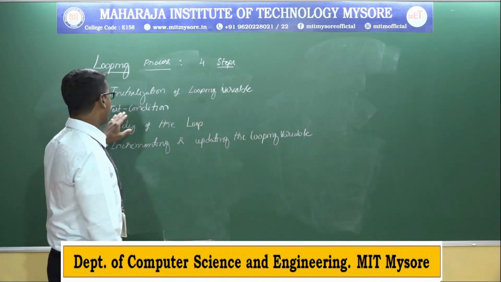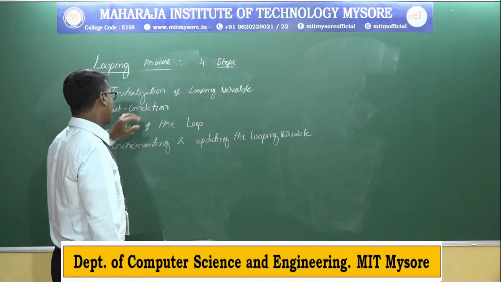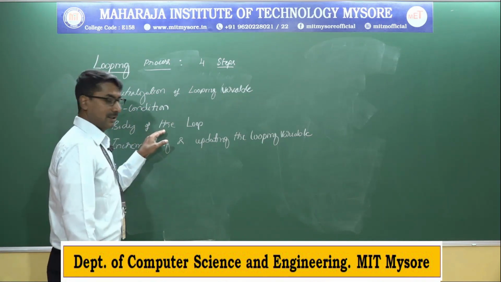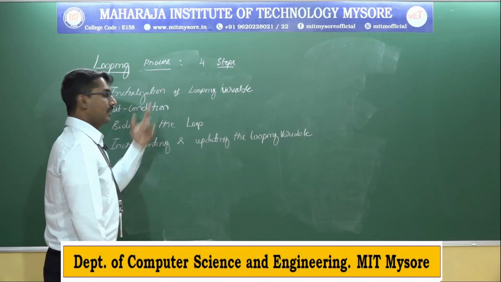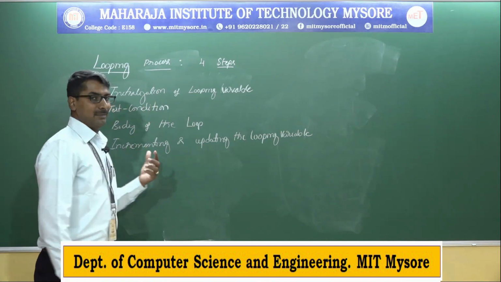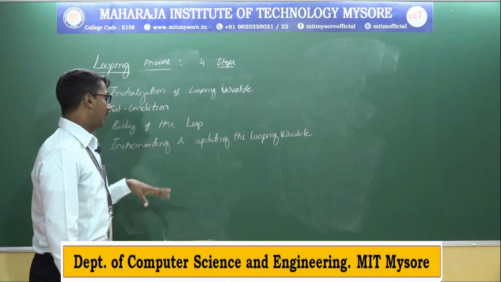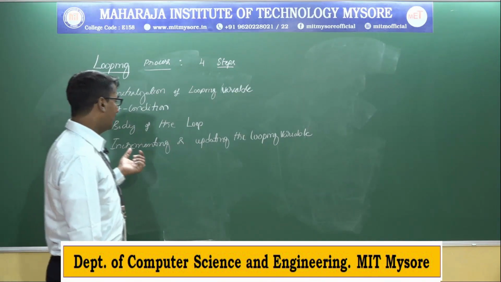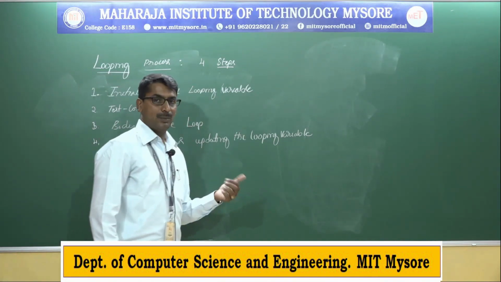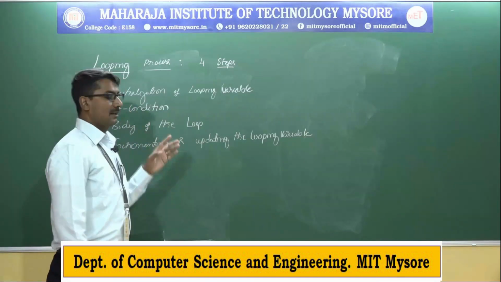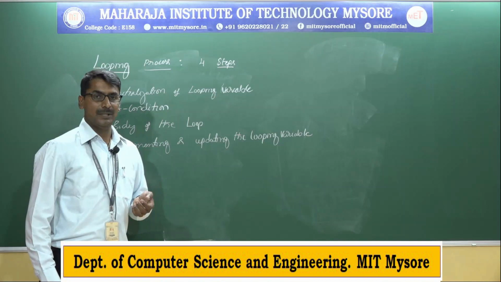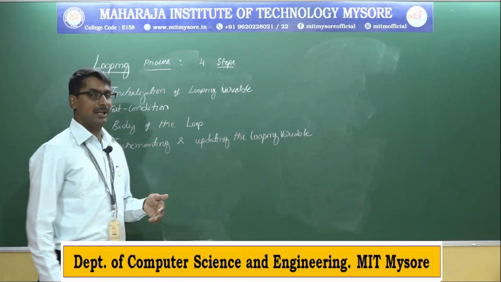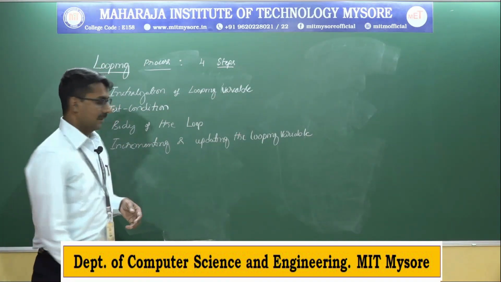Then the test condition. Depending upon the test condition, the body of the loop will execute. After executing the body of the loop, we need to update the looping variable, either by an increment operation or a decrement operation. Okay, these are the general steps to be followed when writing a looping statement.